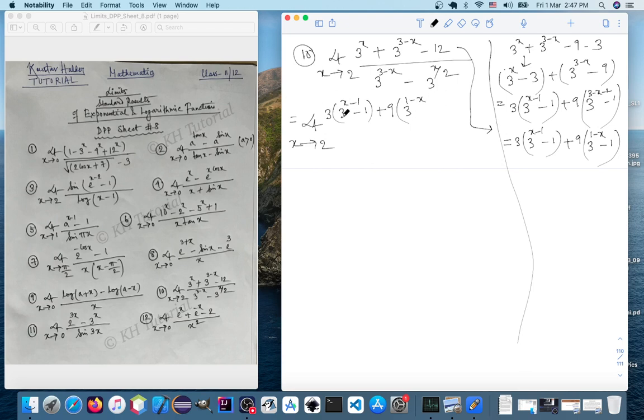This 3 to the power x tending to 2. X tending to 2.